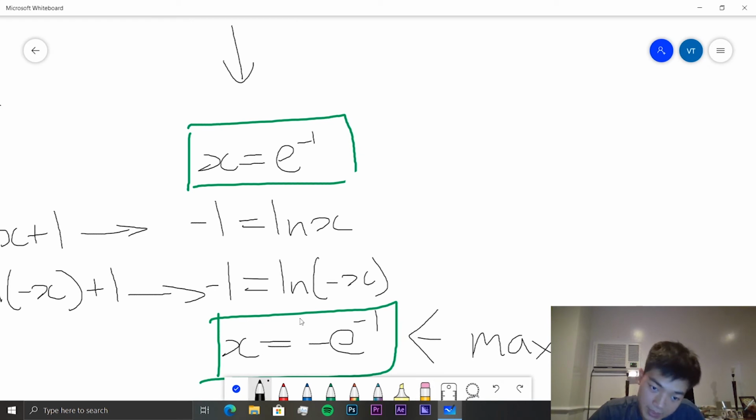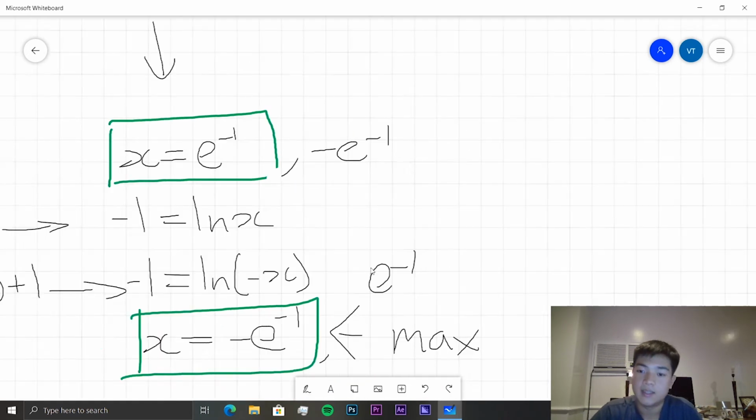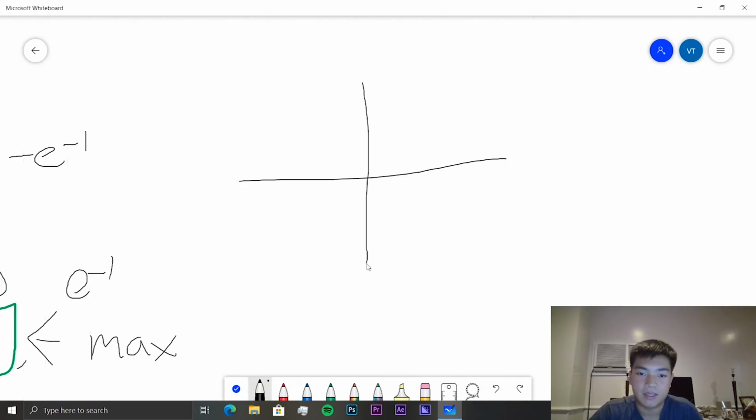So the function should look something like this, where we have a maximum here, positive y value with negative x value, and negative x value with positive y value.